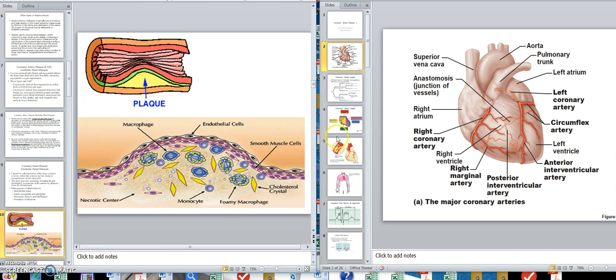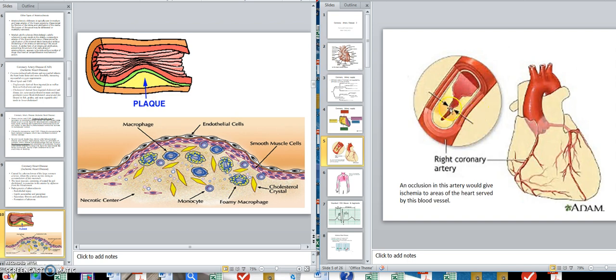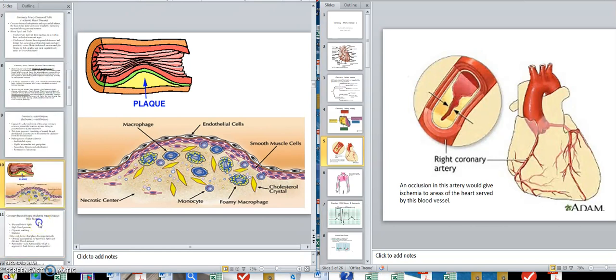And see what that plaque does. Let's go over here. That plaque can cause occlusion, a closing off of areas, a narrowing down of that particular area there in that particular coronary blood vessel. See, up in the wall, these would be the endothelial cells. You start to get this inflammatory response, which ultimately will lead to a calcification that can occur. Okay.